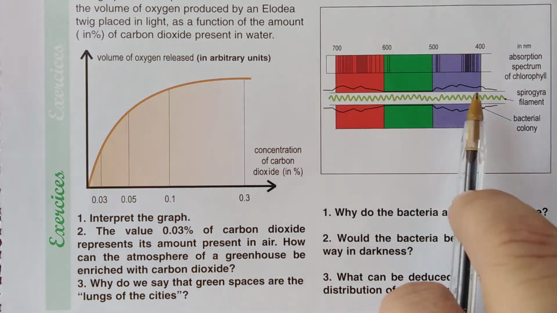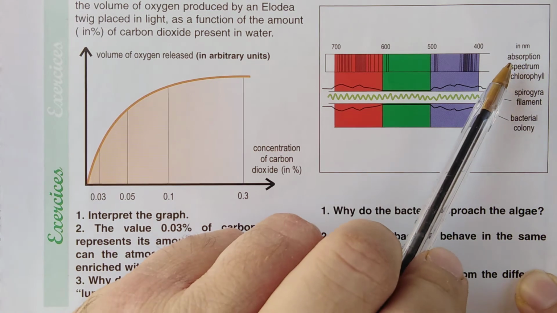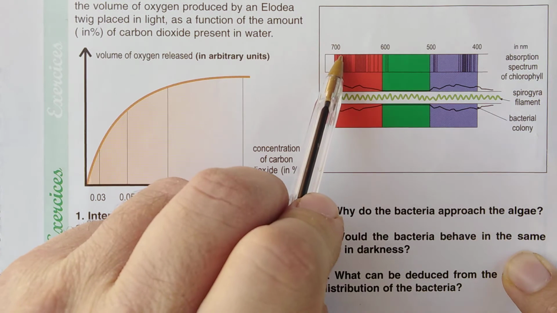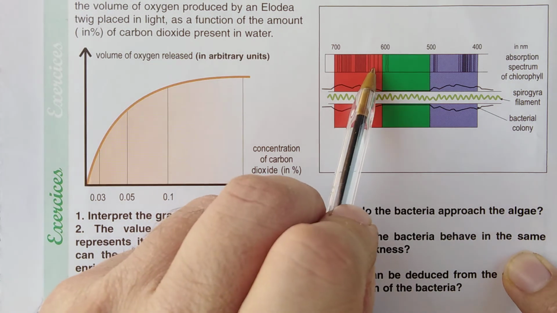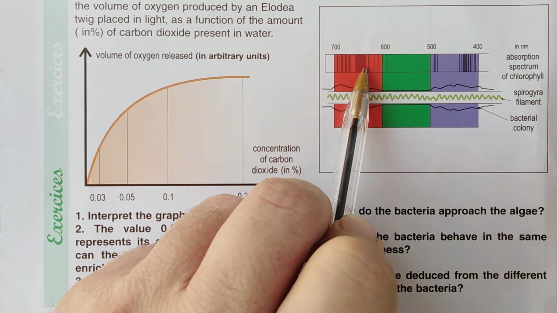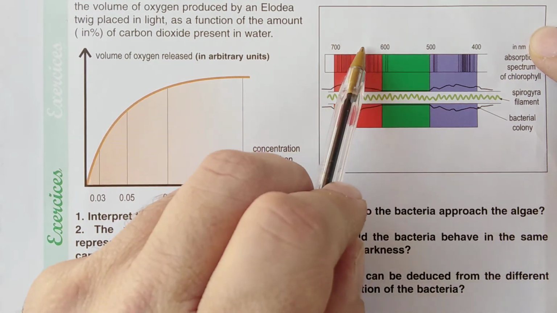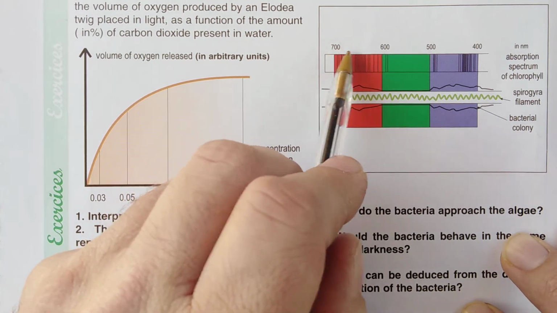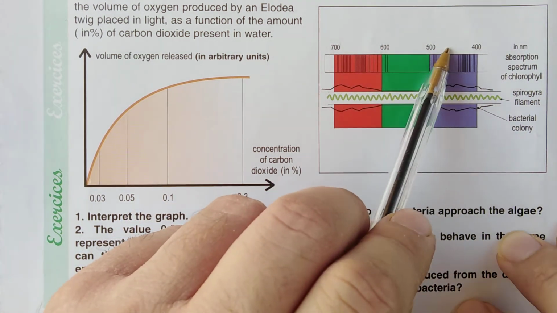Now, the upper band of the graph shows the absorption spectrum of chlorophyll, which indicates that the bars with the highest frequency are observed with the red light rays, whose wavelength ranges between 600 and 700 nanometers, which is a property of light rays.